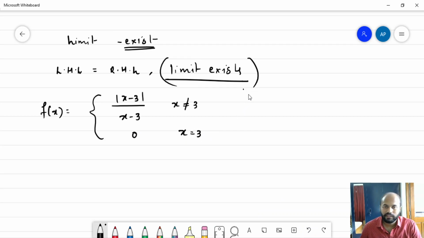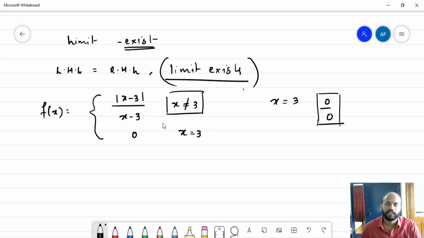We can clearly see that if I put x equals 3 in this, then it will be of the form 0 by 0, which is an indeterminate form. You can't find a value of this. So only when x is not equal to 3 does this function exist. And when x is equal to 3, it's given to us that the function takes the value 0.